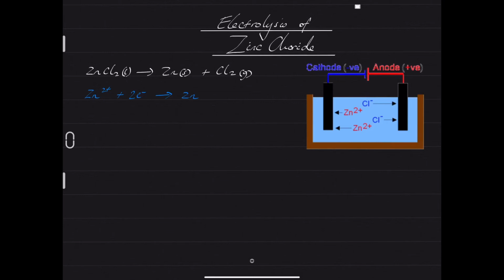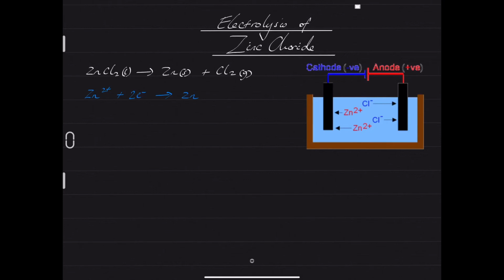Now, looking at this equation, which is the ionic half equation, you can see that the Zn2+ ion, which is also represented in the diagram, goes over to the cathode, which is negative, and picks up 2 electrons.